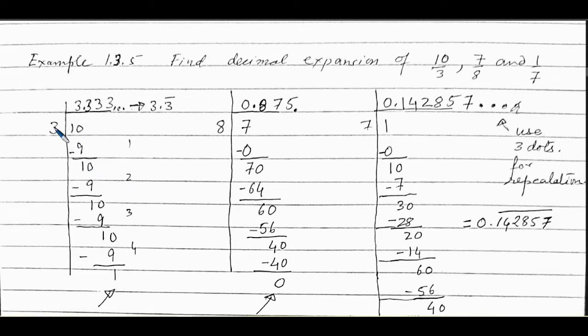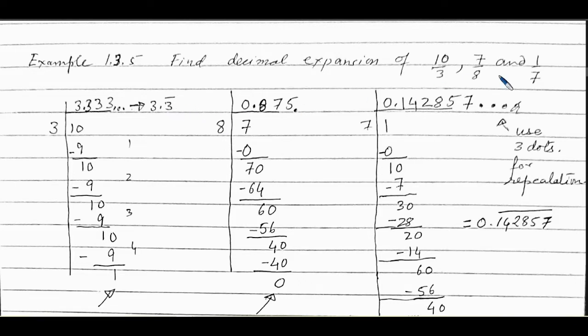Once I start adding 0, I have to put a decimal point, only one time. Then again 3 into 3 is 9. Whenever you add a 0, you keep going, and this is going to repeat. So this is 3.333, I put 3 dots, or in abbreviation you can write 3 point 3 with a bar, that means this 3 is repeated.